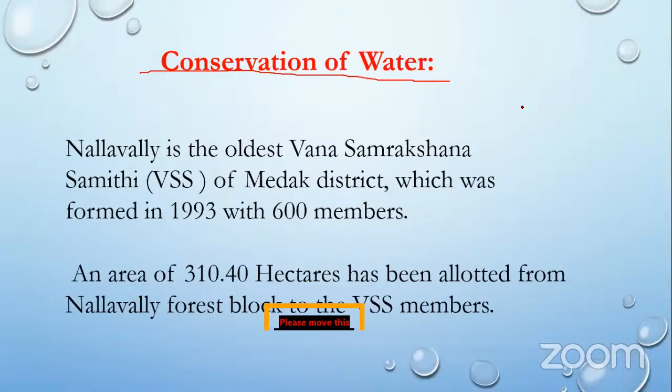Nalavalli is the oldest Vana Samrakshana Samithi of Medak district. Remember this word, Vana Samrakshana Samithi, VSS. This was started in Medak district, which was formed in 1993 with 600 members. An area of 310 hectares has been allotted from Nalavalli forest block to the VSS members.